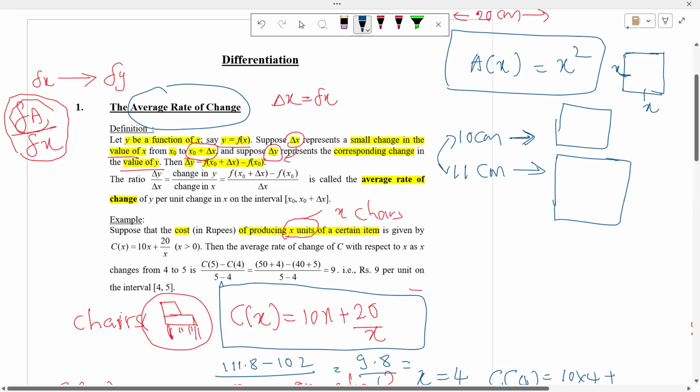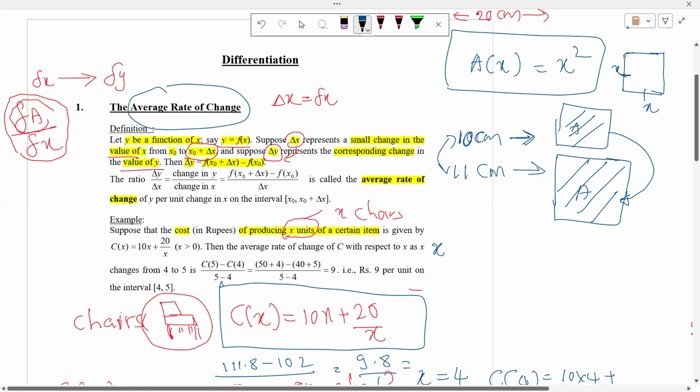So how can you find this average rate of change? If you have 10 centimeter and someone increases the length by 1 centimeter, because of that length increment, the area will increase. Now we are considering only the increment of that area.